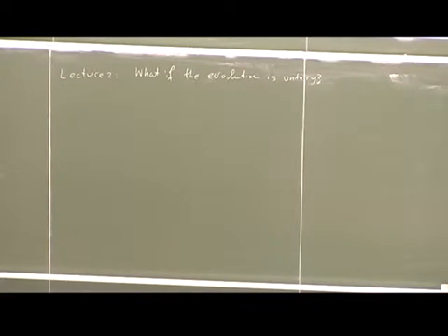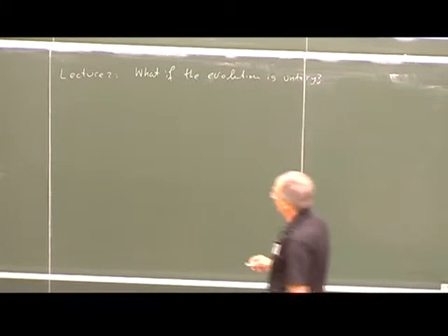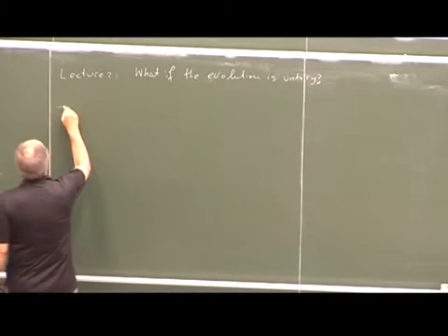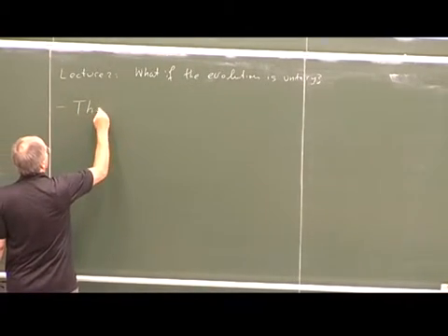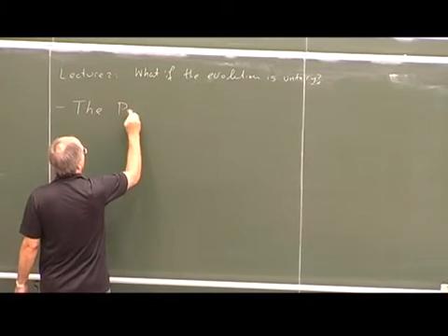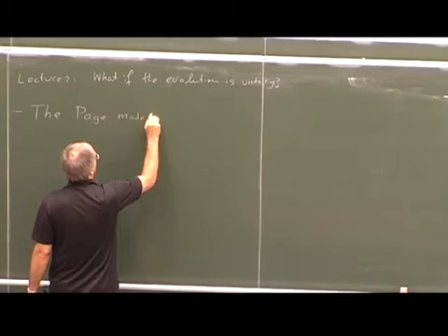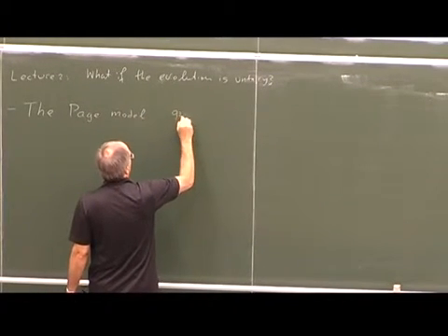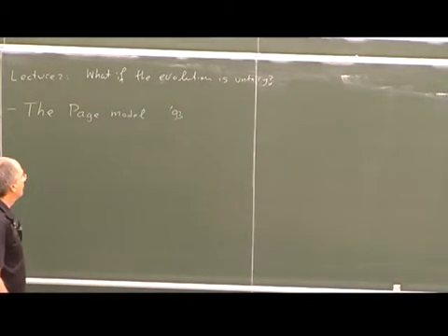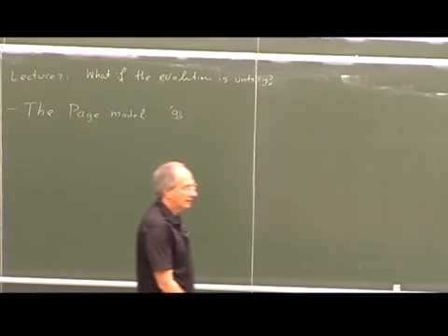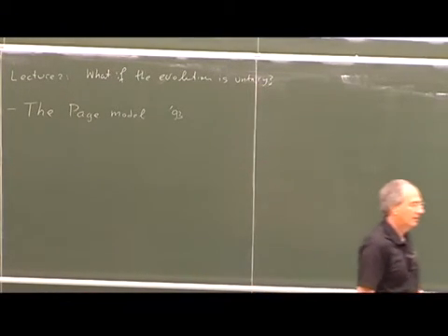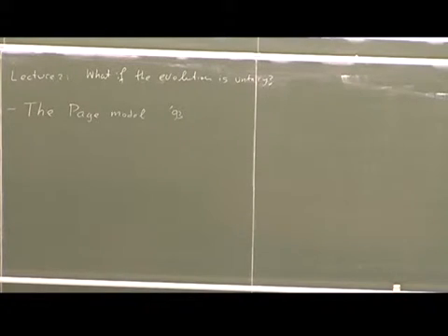Okay, and what I would like to discuss in this context is the Page model. This is a few papers by Don Page from '93, which implements in the simplest way the idea that unitarity is preserved, and I will try to explain it.